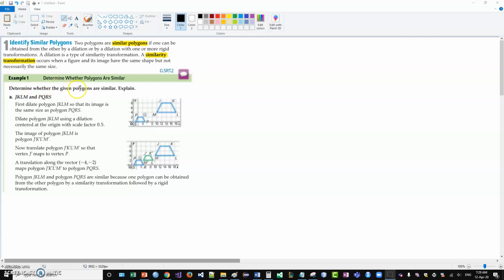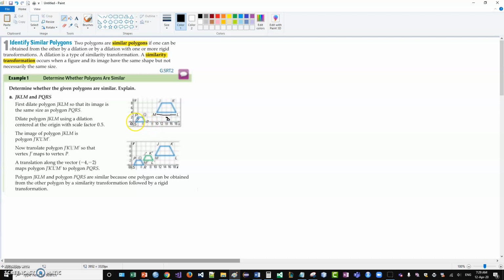Determine whether the given polygons are similar. Okay, so if they are similar in shape but different in size, then they're similar. If we look at this large one and this small one, this is half the size of this. So if side ML goes from 10 to 18, that's 8, right?